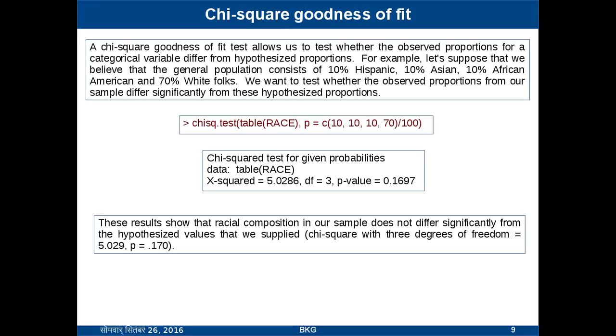For example, we believe that the population consists of 10% Hispanic, 10% Asian, 10% African American, and the remaining 70% white. So we want to test whether the observed proportion from our sample differs significantly from the hypothesized proportion.